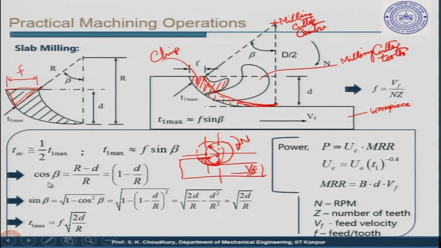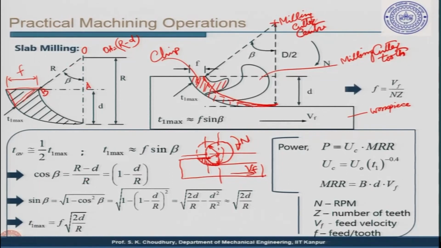Okay. Now, cos of beta from this triangle, cos of beta is this divided by this arm. So, this arm, let us say O A B. Okay. So, O A is R minus D, right. R minus D is O A, and R is here.